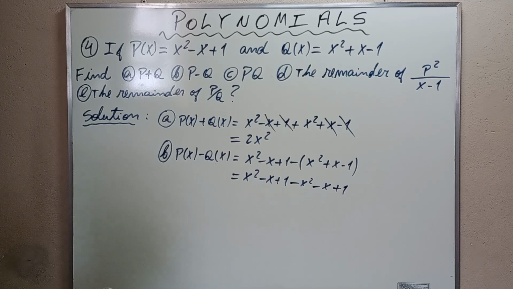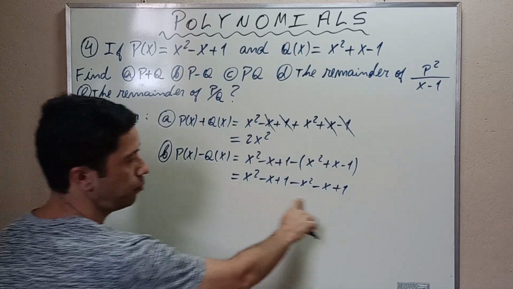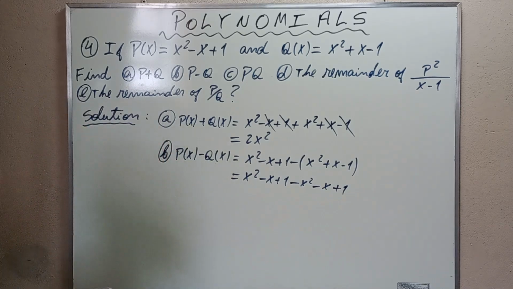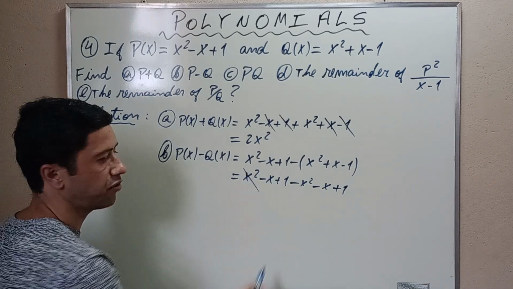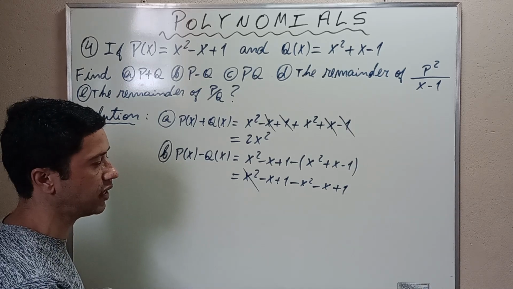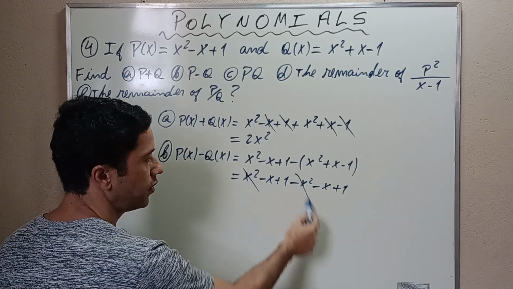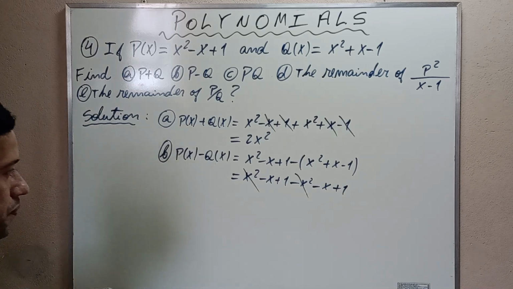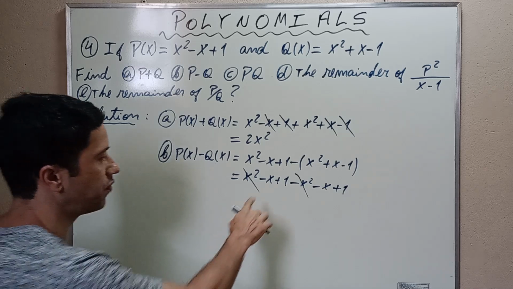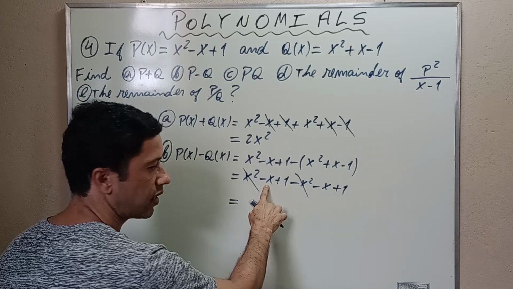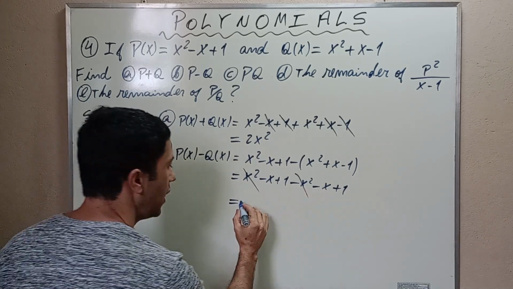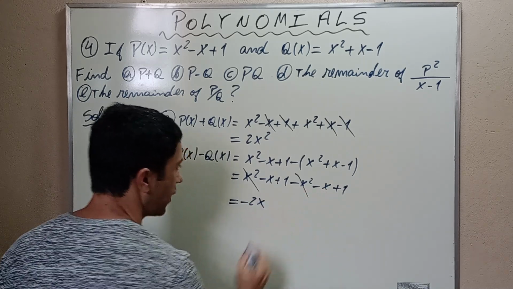Consequently, we can simply sum them. Sum them now. Observe that this x squared cancels with this. They cancel each other out. And we have negative x here and negative x. Negative x with negative x, negative 2x.